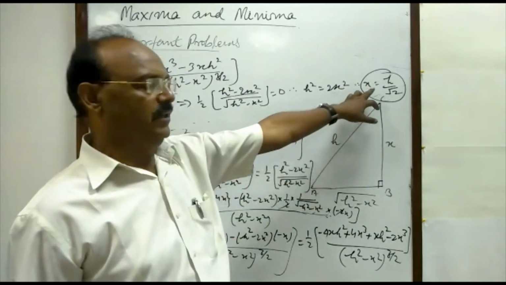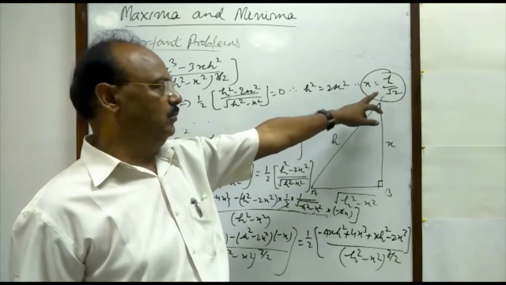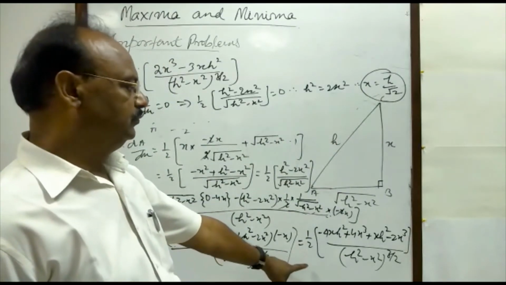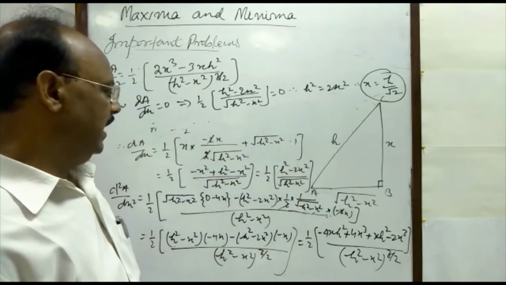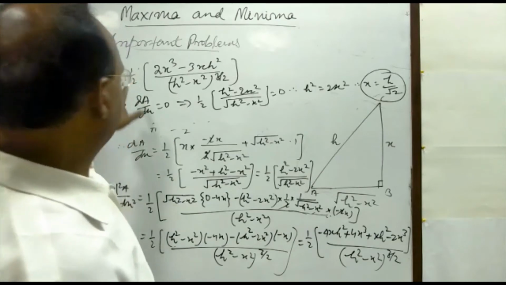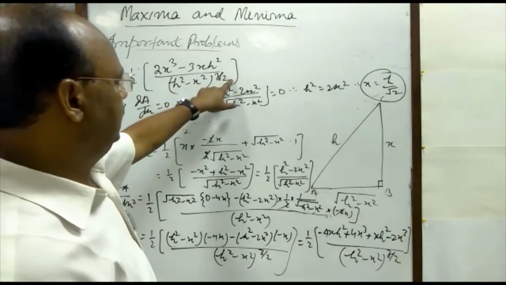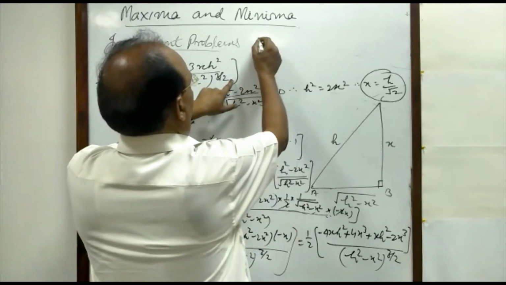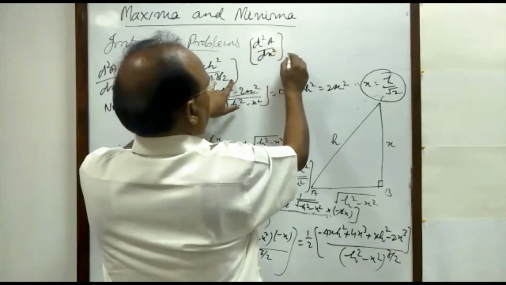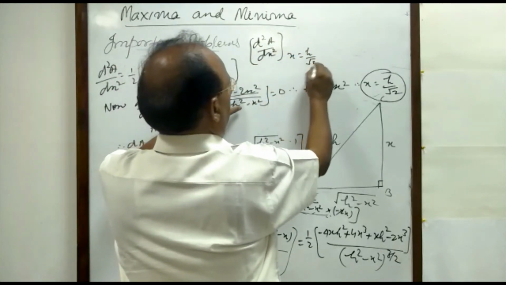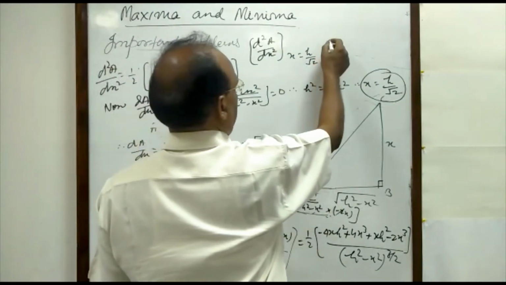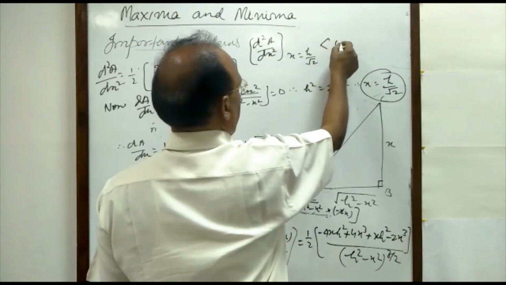Now we have to put this value, whether it is a point of maximum or minimum, in the second order derivative. Whenever you put this value in the second order derivative, we find that d2A by dx square at x equal to h by root 2 is less than 0.